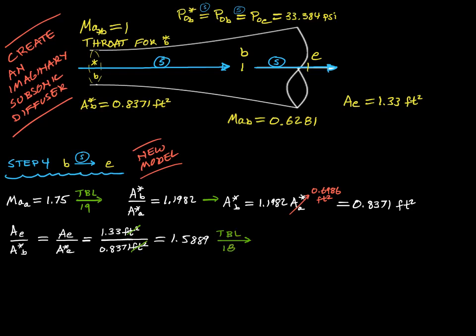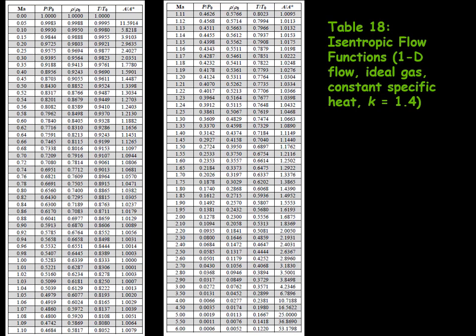That's an area ratio that we could look up in a table. Because it's subsonic flow, let's go back to our subsonic table, table 18, and look for a Mach number. With our area ratio of 1.588 and some change, the closest one on the area ratio is 1.59, so we could take that to avoid interpolation.